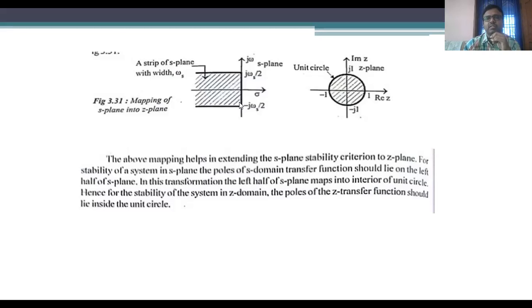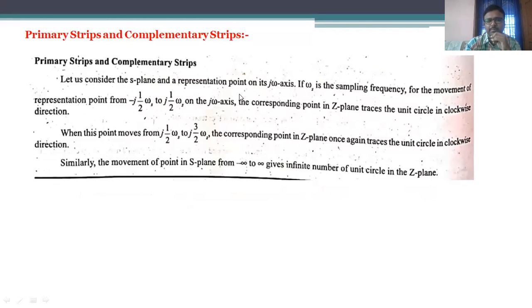What portion of the S plane on the left hand side is considered as the primary strip, and what portion is considered as the complementary strips? That means we are going to discuss how much of the stability portion of the S plane on the left hand side is considered as the primary strip and how much as the complementary strips.